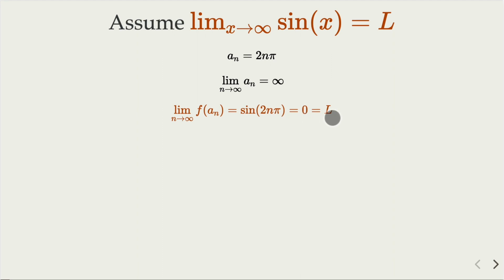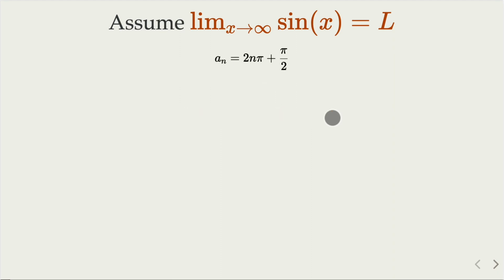Now, if you consider a different sequence, for example 2n pi plus pi over 2, this sequence also satisfies the criterion that when n goes to infinity, a_n goes to infinity. By applying the same theorem, we get that L is equal to 1. Earlier we found L equals 0. So that's a contradiction.